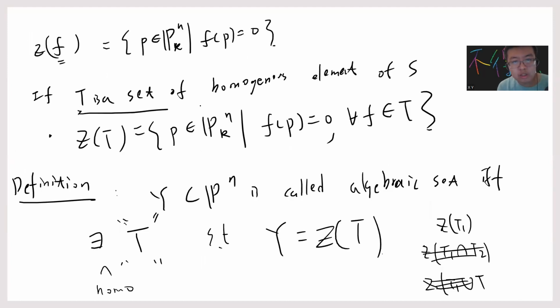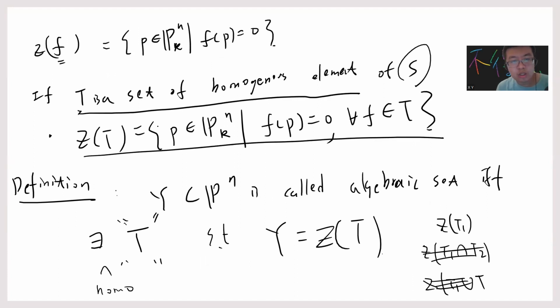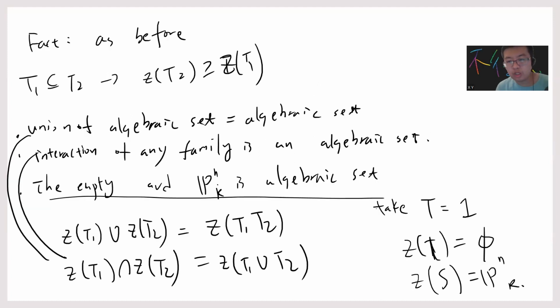Our definition is that T is a set of homogeneous elements of S. If you take the whole ring, then you get everything, by definition.